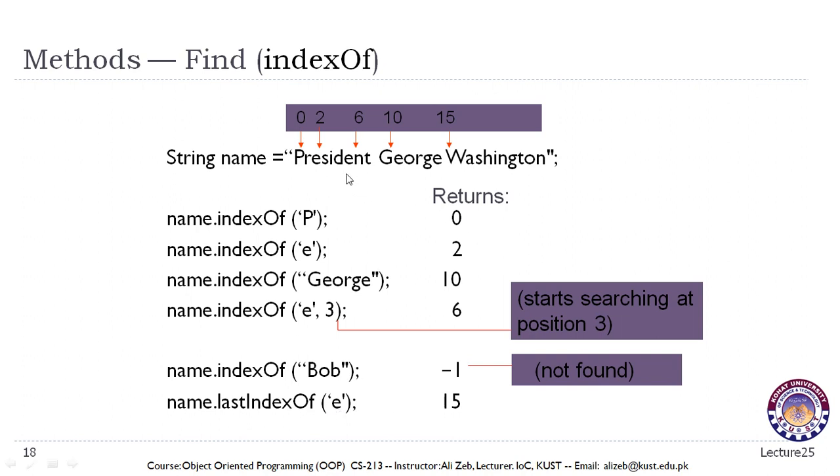So it will keep going until it reaches the last position of E or any character that we have passed over here. So basically it starts counting from the reverse of the string, and when it finds the first matching character, it will return the position of that string or character.